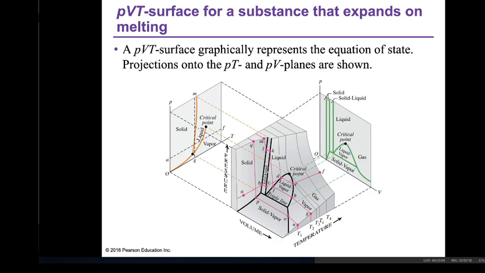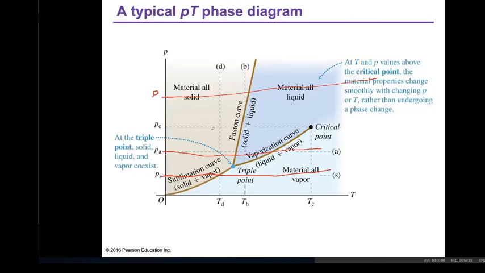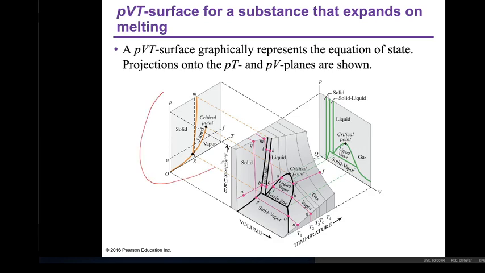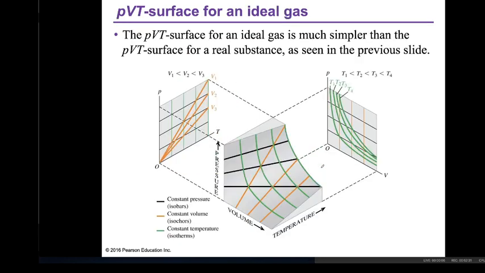If you project the curve onto the PT graph, you will get the same thing here. This is PT, and here, this is PT. Okay, so that's the phase transition. This is the same thing in a 3D PVT form. That's all the concepts we have introduced in this chapter.